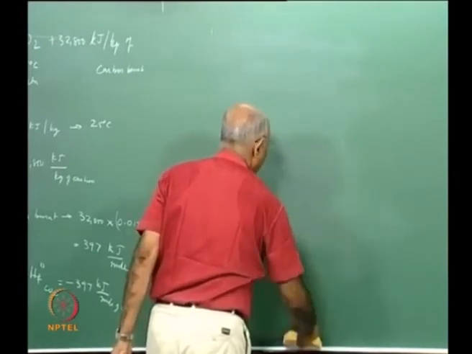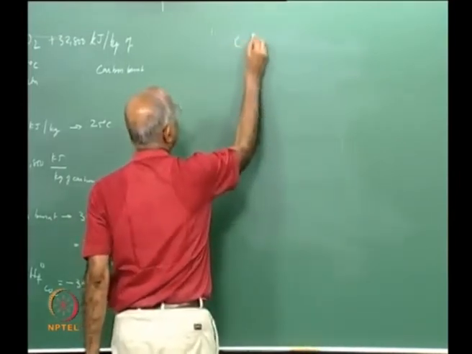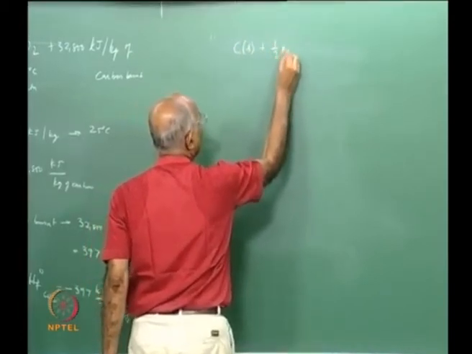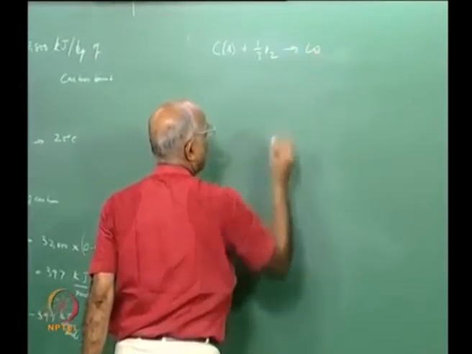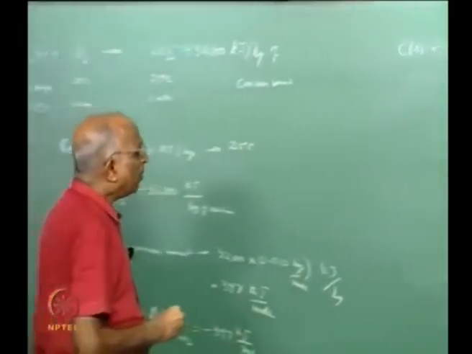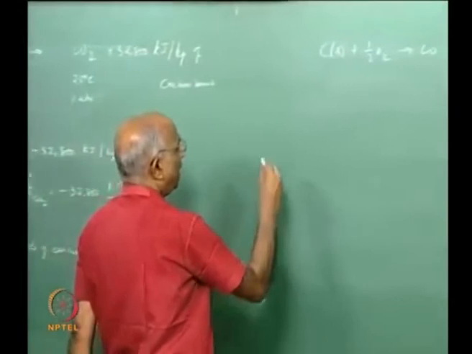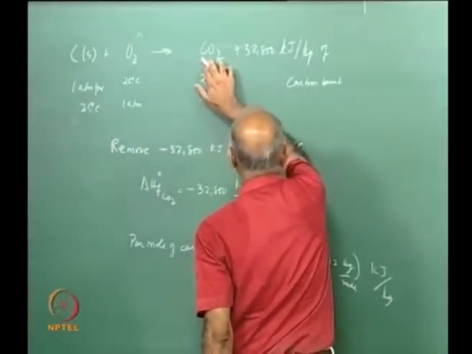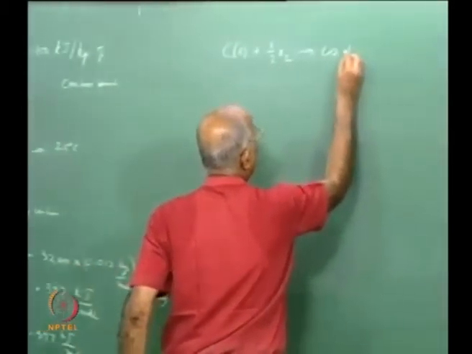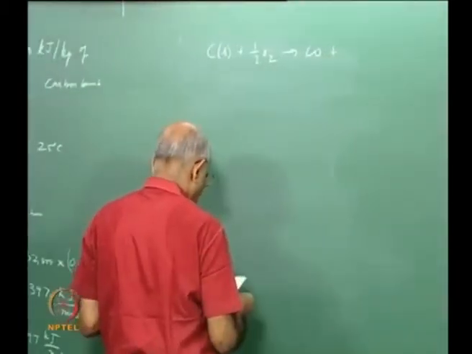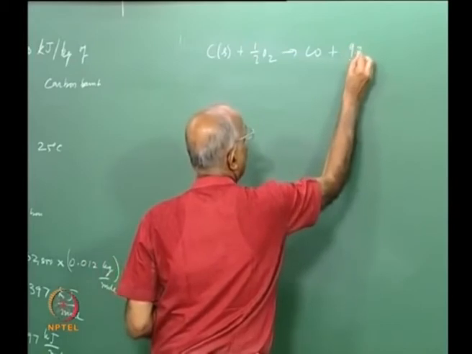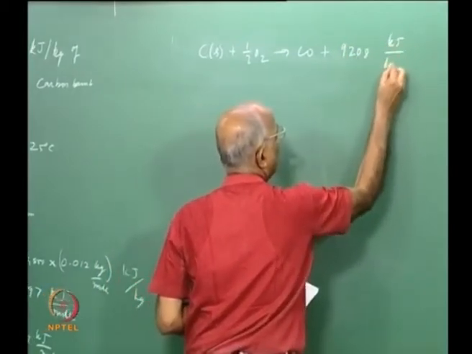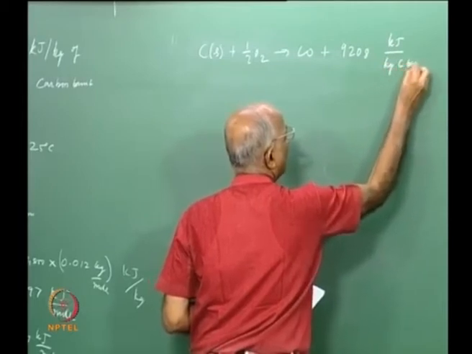Let us take the reaction of carbon as a solid at element level with half oxygen forming carbon monoxide. Now what is going to happen? Well, I have carbon monoxide here, not carbon dioxide, it is not fully oxidized. The heat which I get over here is something like 9208 kilojoules per kilogram of carbon burned.